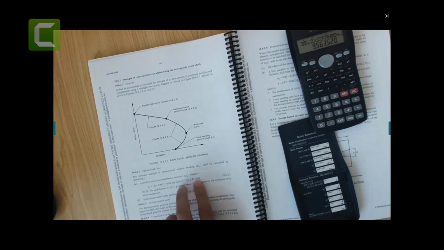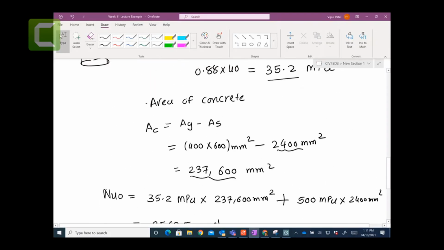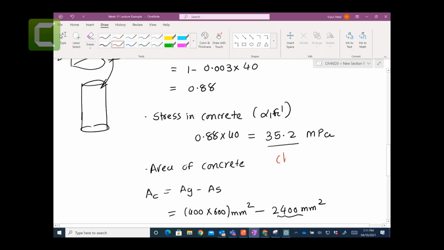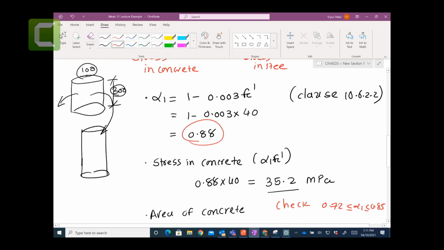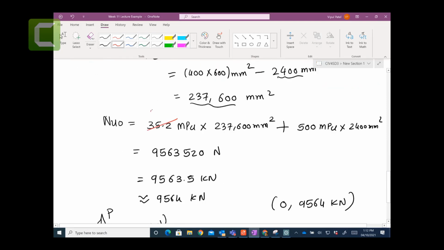And by the way, you need to make this check. Sorry, I think I missed that check. I think we need to make a revision: your alpha 1 should be between 0.72 and 0.85. Yep, so let's make that revision. The check should be 0.72 to 0.85 for alpha 1. So this is not good, and we need to use 0.85. 40 times 0.85 gives 34, and here let's change it to 34.